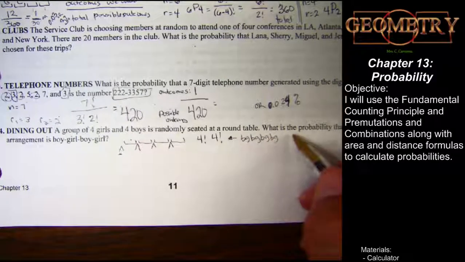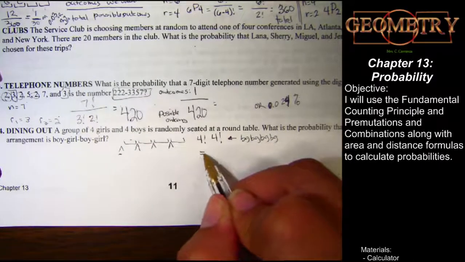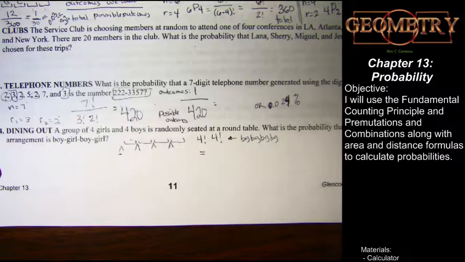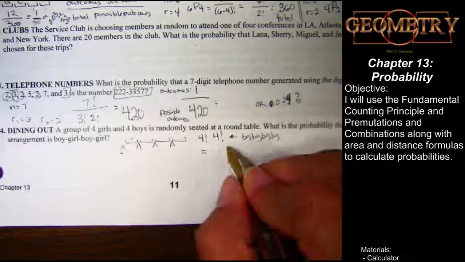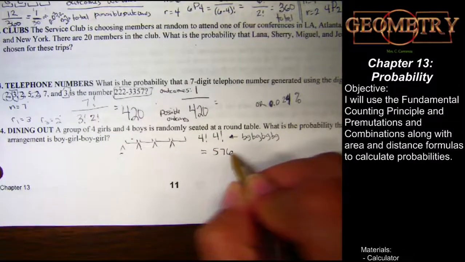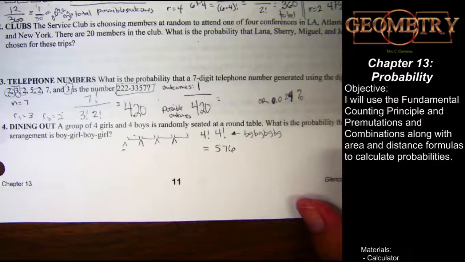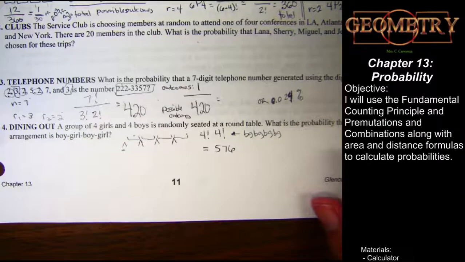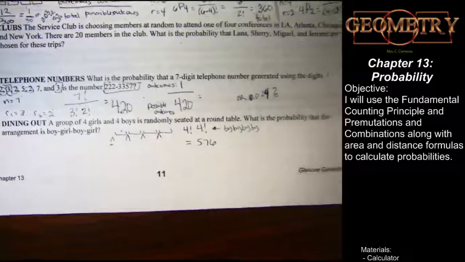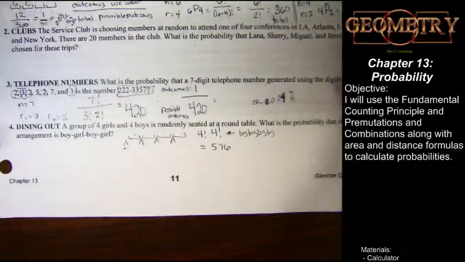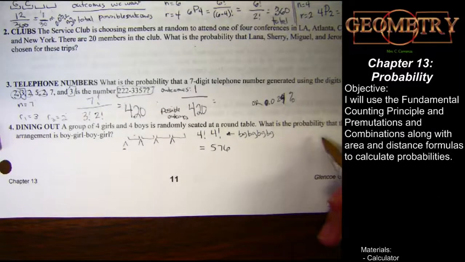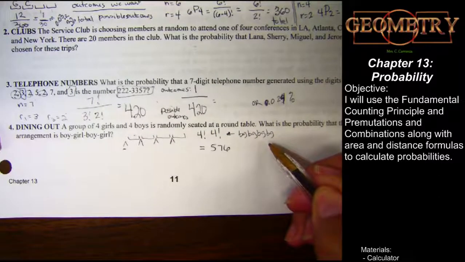All right, what is this number of ways that we can have boy, girl, boy, girl, boy, girl? So in your calculators type 4 factorial, 4 factorial. The thing is we want the probability that this is the arrangement.